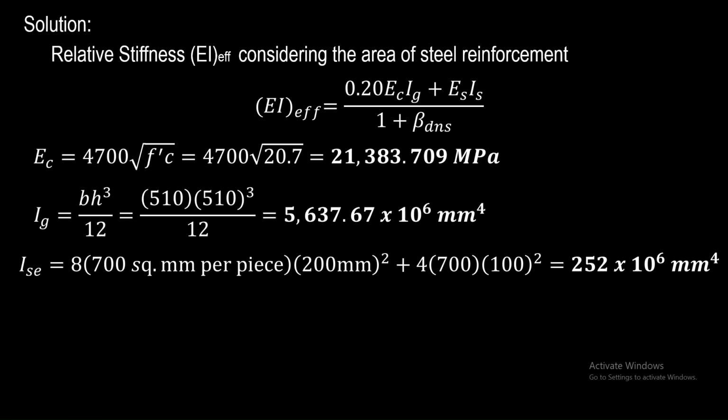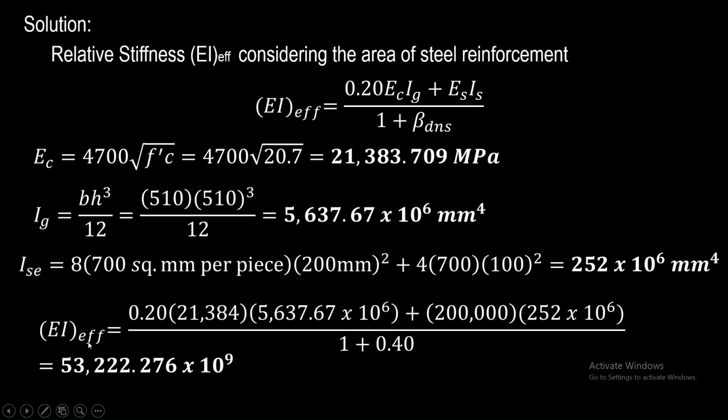Okay, and beta dns, as it is already given, is 0.4. We are now going to substitute those values to this equation: 0.20 EcIg plus EsIse over 1 plus the creep factor.